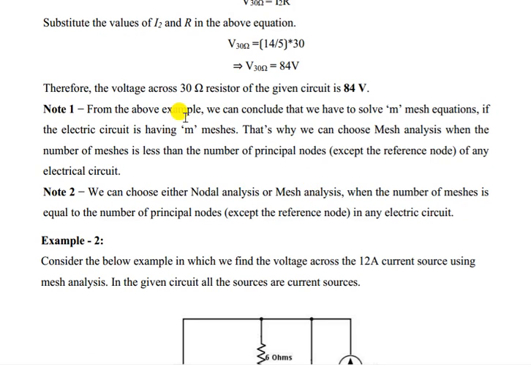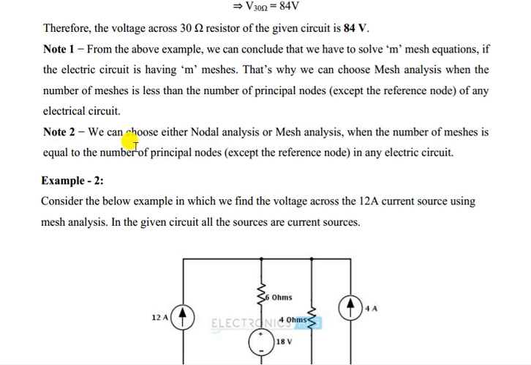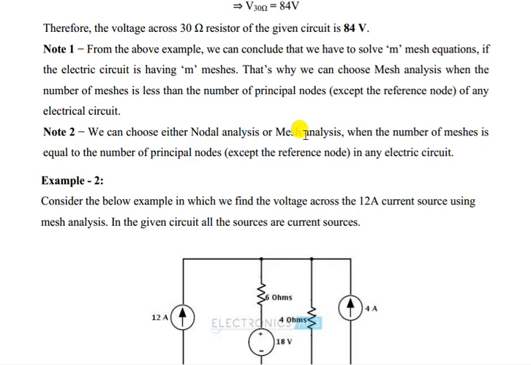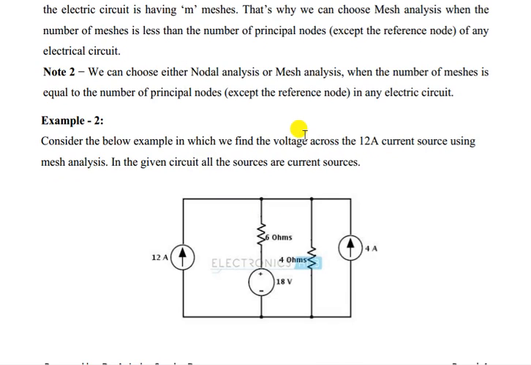Now from the above example, we can conclude that we have to solve m mesh equations if we have m number of meshes. We can choose either nodal analysis or mesh analysis for circuit analysis. Which one is better is quite debatable. If we have to find node voltages, go for nodal analysis.